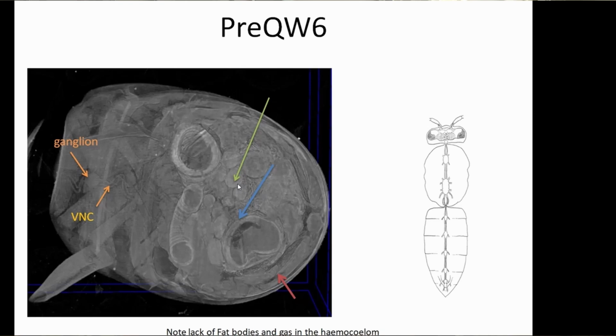And the next thing I'd like to point out is this structure here and this radio-translucent wiggly thing looking a bit like a snake. And I'm going to be suggesting that this is actually an abdominal ganglia as part of the nervous system, and this is the dual ventral nerve cord.